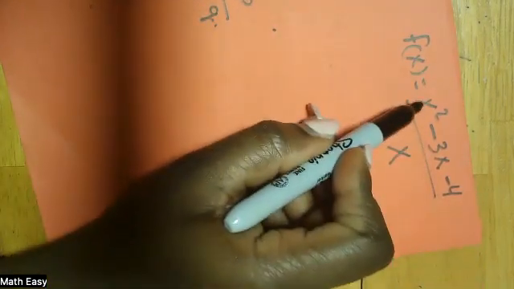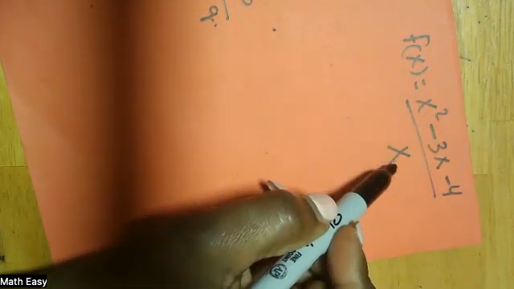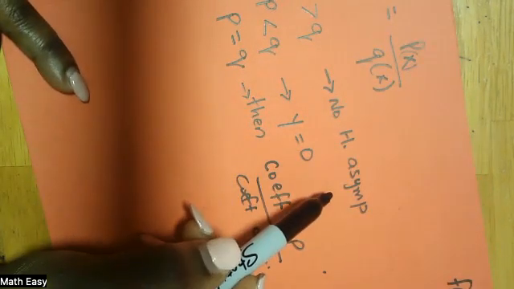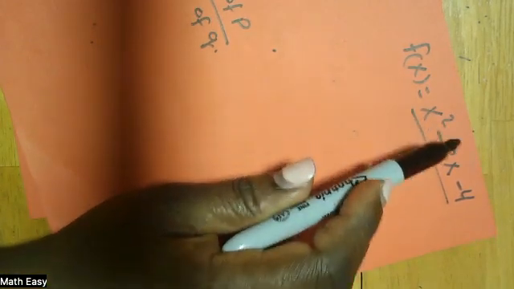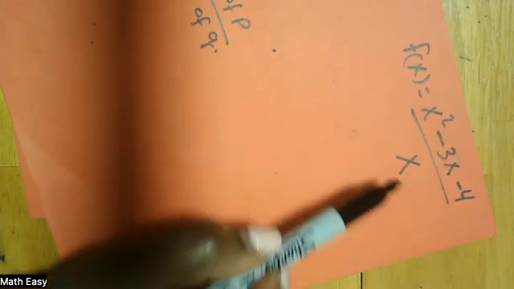If your p is greater than q, then we will have no asymptote. Here we have x squared, so 2 as our p, and we have 1 as our q. So p is greater than q, so we have no horizontal asymptote, or you can simply say none.